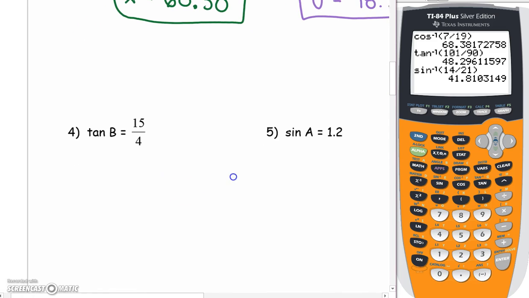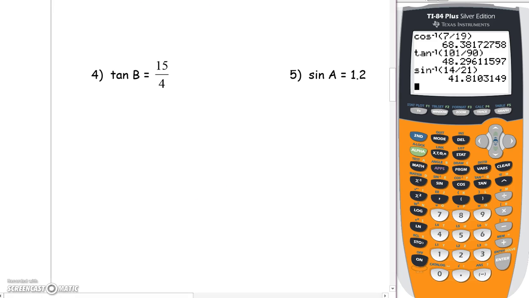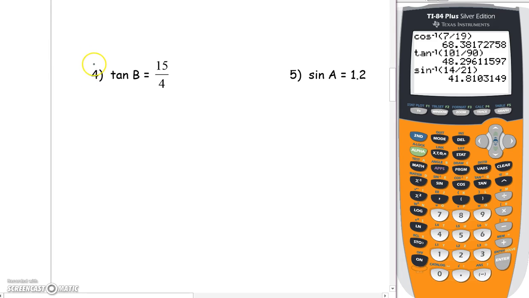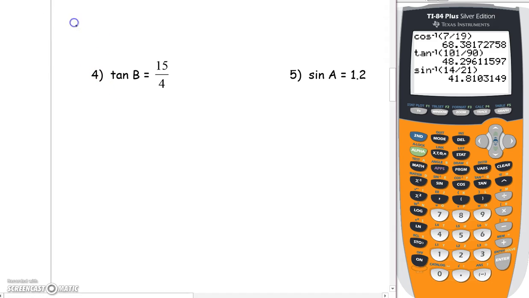All right, we have tangent of B equals 15 over 4. So in order to get rid of tangent, I'm just going to write the problem. I wanted you to see the way it works in my head. We're going to take the tangent inverse on both sides.